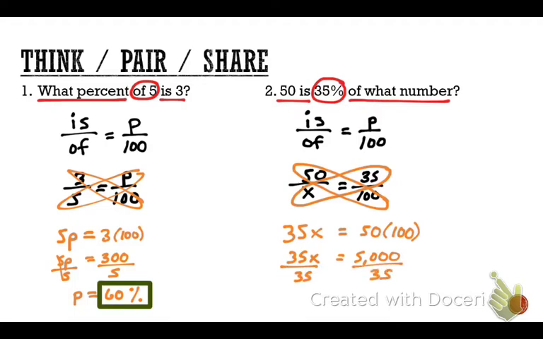All right, divide by 35 on both sides. When you did that, what did you get? Okay, read me your big number. Okay, how many of you got that big old answer?